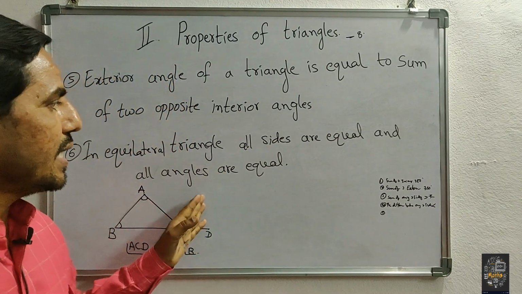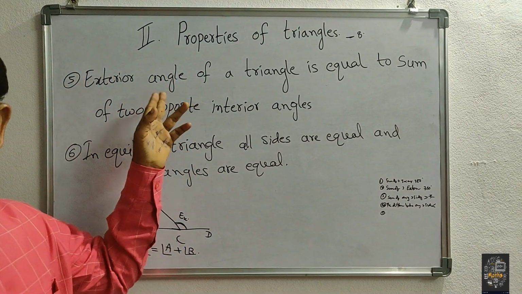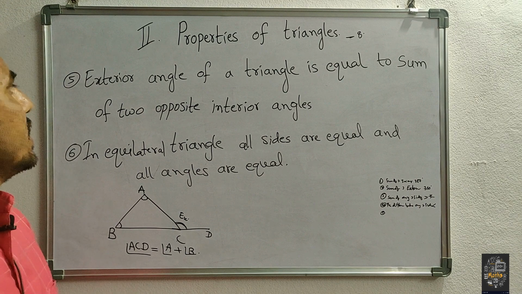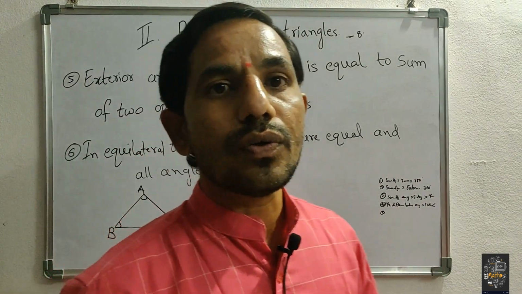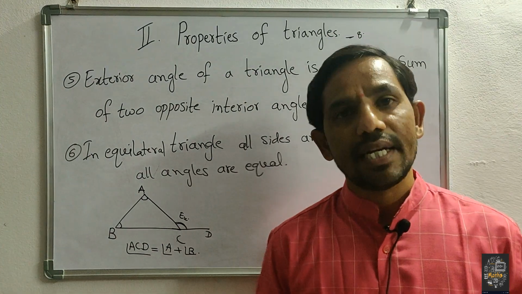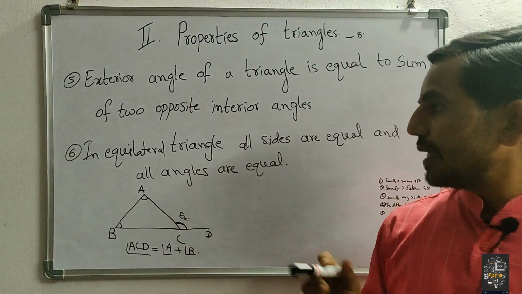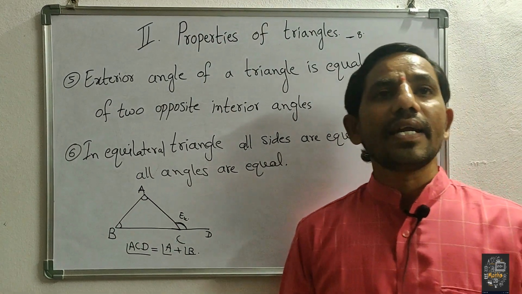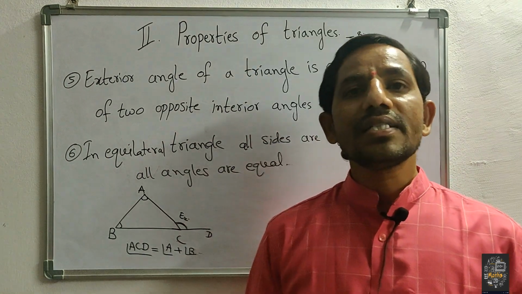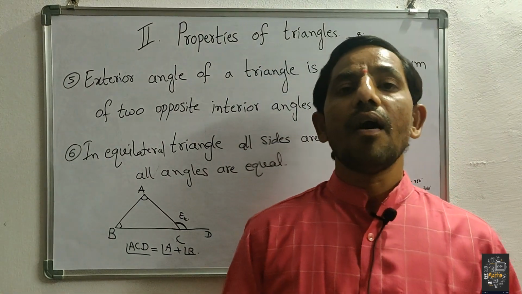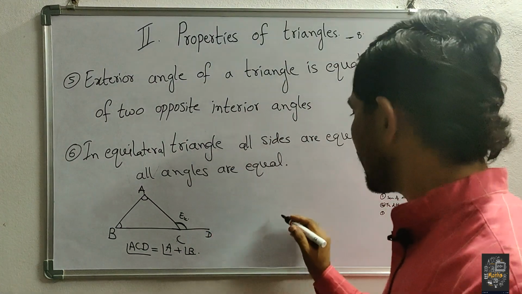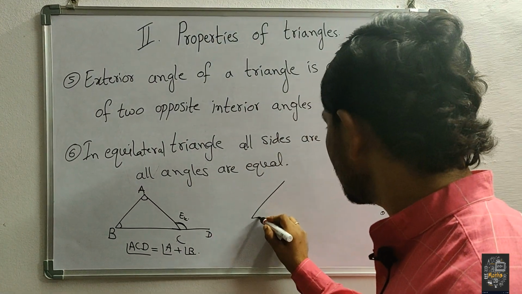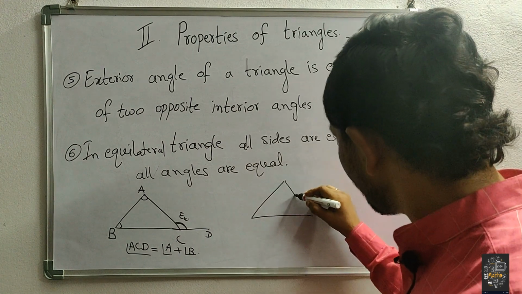This is the sixth condition. I will repeat once again, fifth and sixth. The exterior angle of a triangle is equal to the sum of two opposite interior angles. And sixth one, in an equilateral triangle, all sides are equal and all angles are equal. So here I will draw an equilateral triangle. This is an equilateral triangle example I am taking.